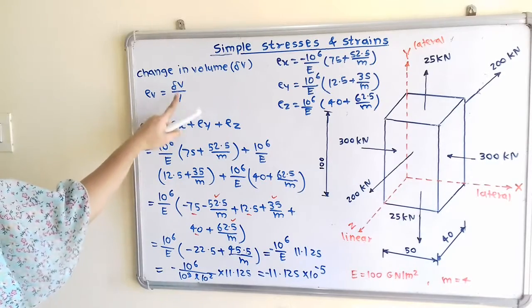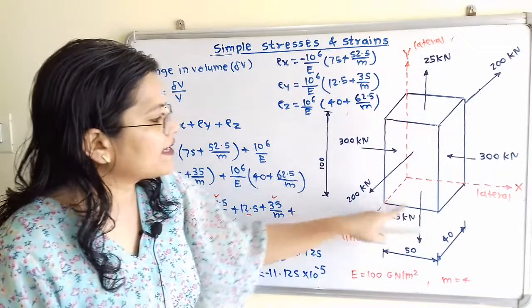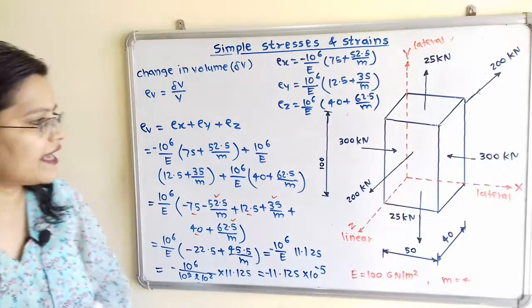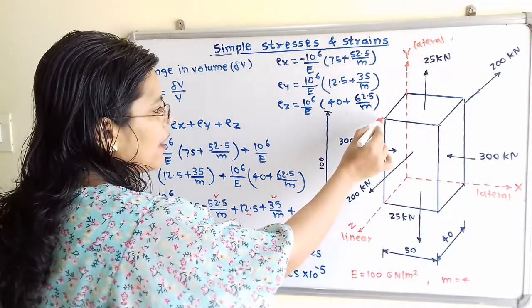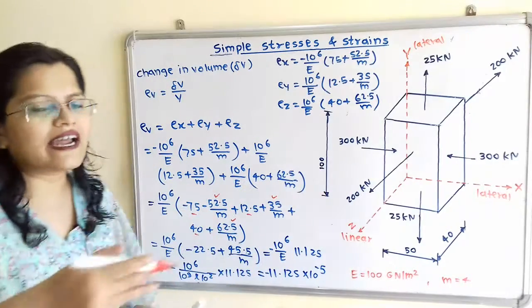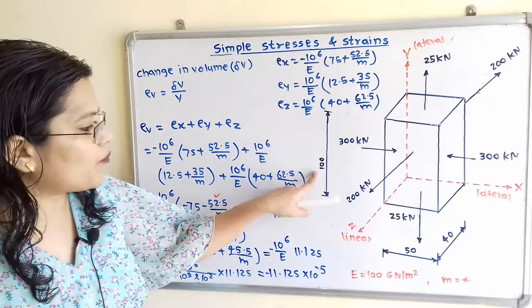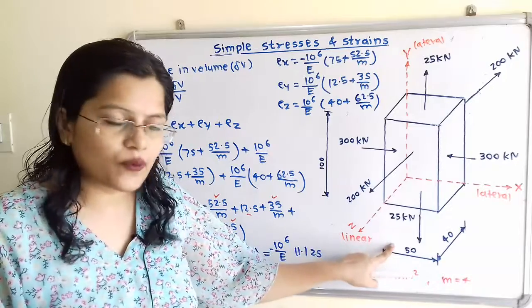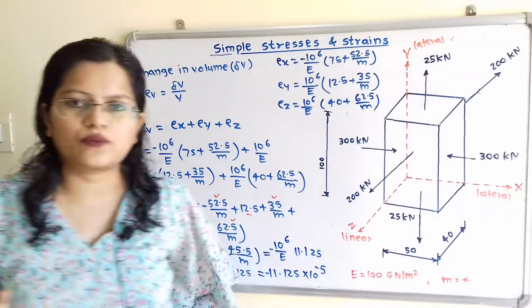So what is the volume? The volume of this diagram we have to calculate, and that is nothing but here we have to multiply all these three lengths. So we have to take the standard unit as meter, that is 0.1 multiplied by 0.05 multiplied by 0.04.